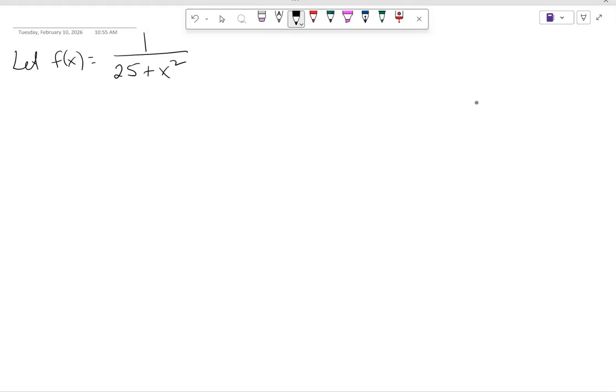Ideas on what that function looks like? What does it look like? Part of it looks like that. I mean, that's part.